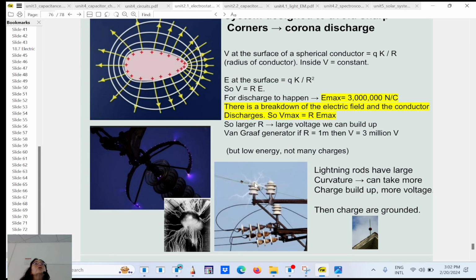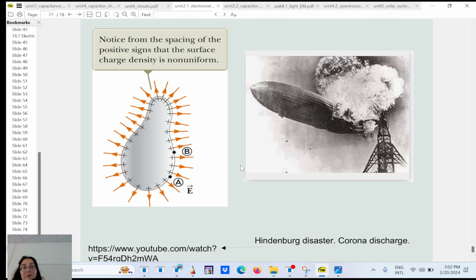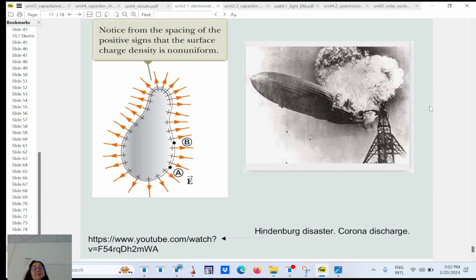O3 is called ozone. You smell it. It has a very weird smell. O3 is ozone.